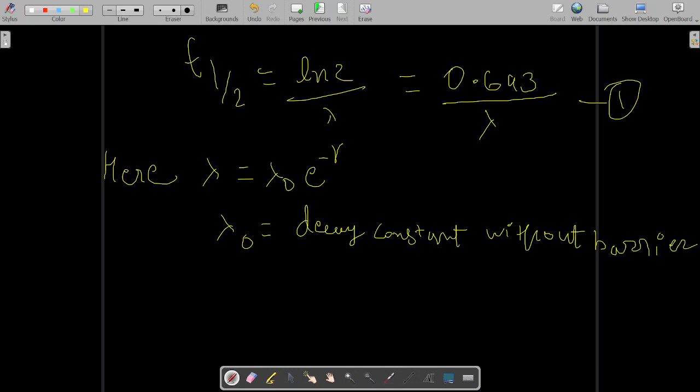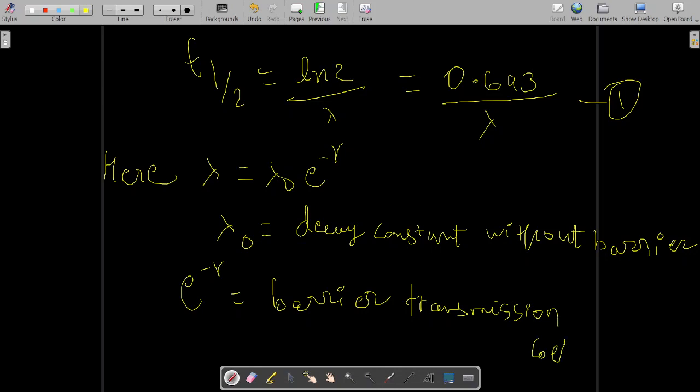And e to the power minus gamma is equal to the barrier transmission coefficient.